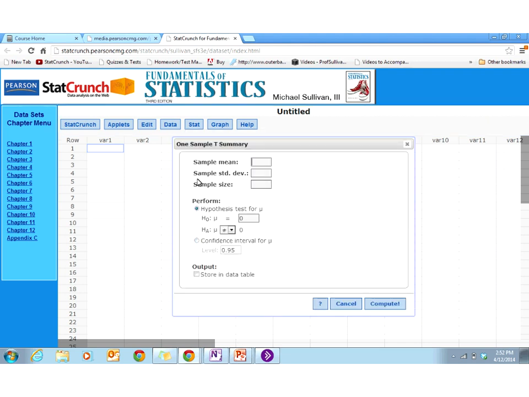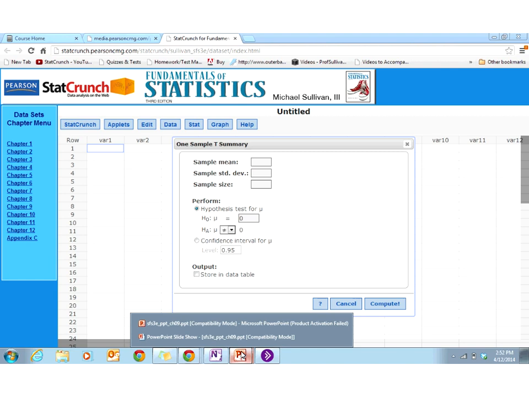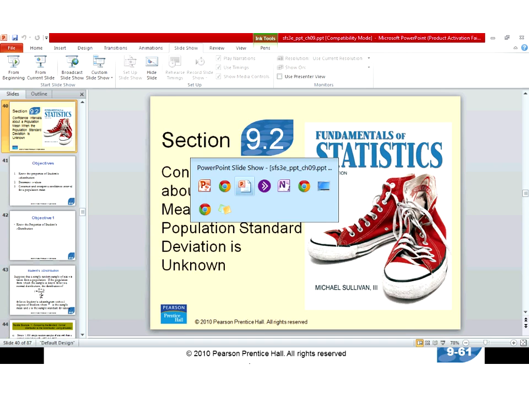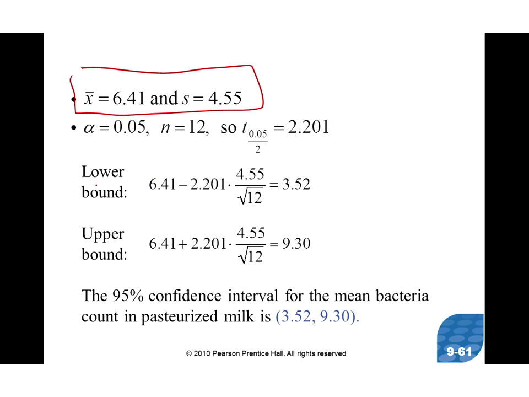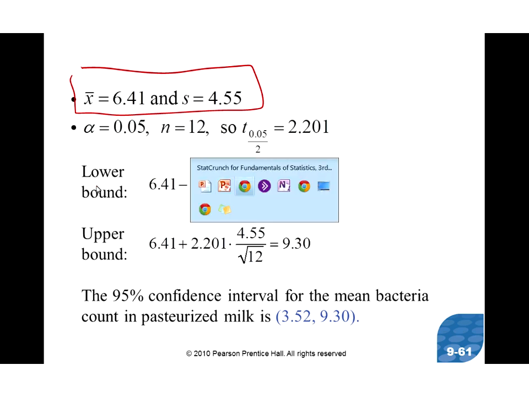All right, now look, what's nice is that it talks about sample mean, sample standard deviation, sample size. So it is prompting you for the correct thing. So our sample mean was 6.41, and our sample standard deviation is 4.55.